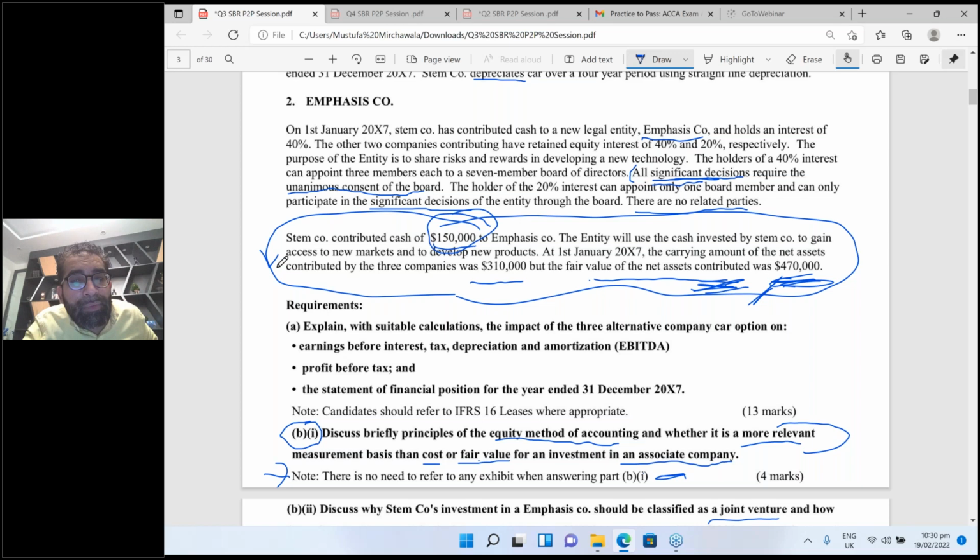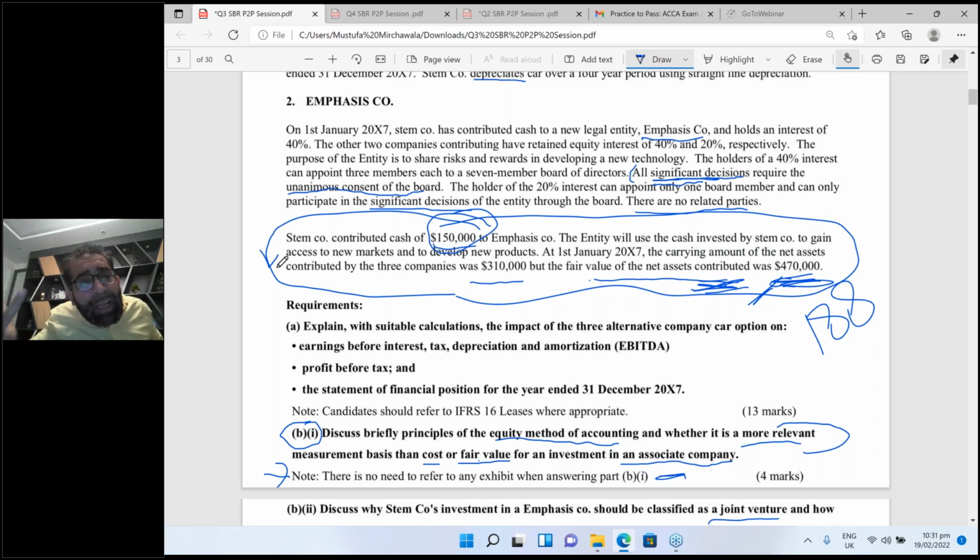And 470,000 times 40% is 188. So we as a STEM company should have contributed 188,000, but the other two agreed for 150.